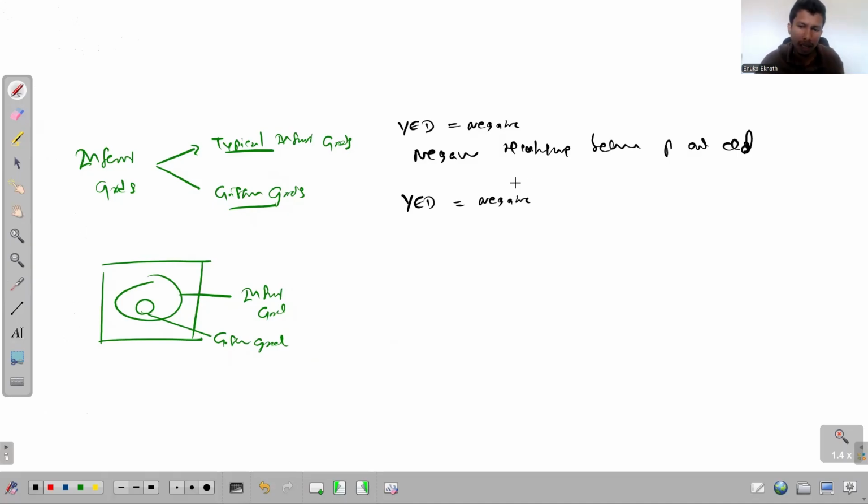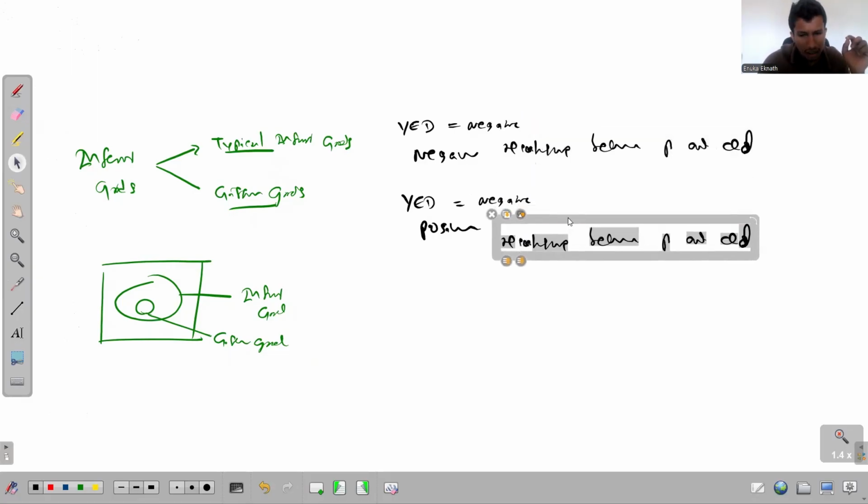You have a negative relationship between P and QD. But if it's inferior and Giffen, though the income elasticity is negative, you have a positive relationship between P and QD.